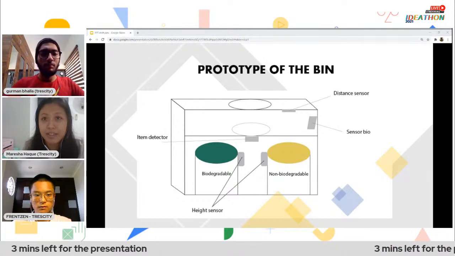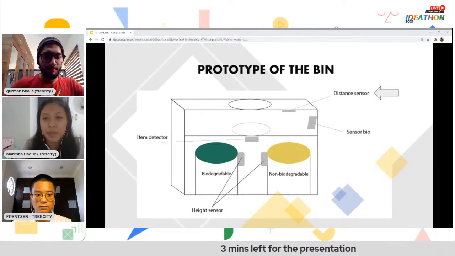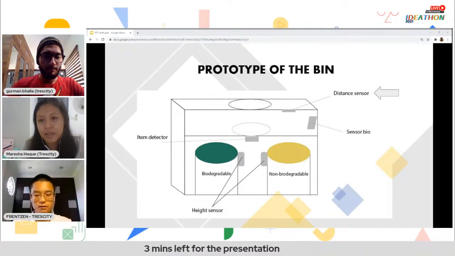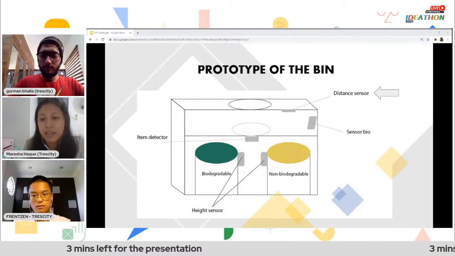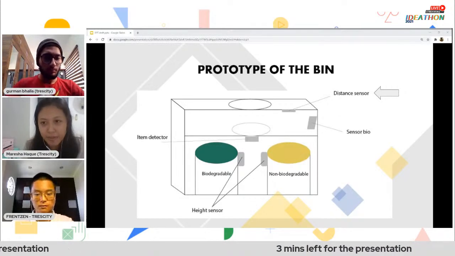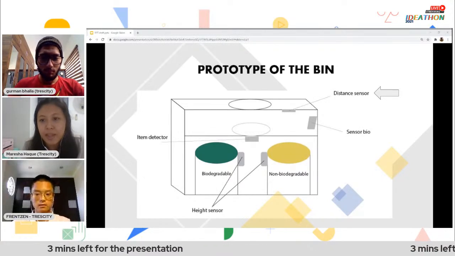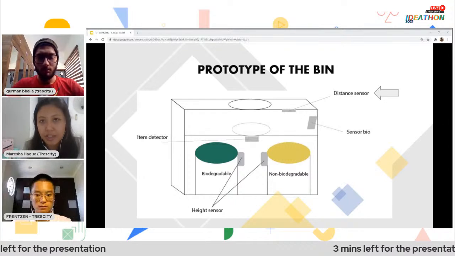So I will talk about the distance sensor first. The distance sensor is to detect when a person is near the recycling bin, at about 1 meter distance. This will give a signal for the overall bin to open. When a user throws the trash into the bin and the waste falls onto the movable chute lid, the sensor will detect the trash.